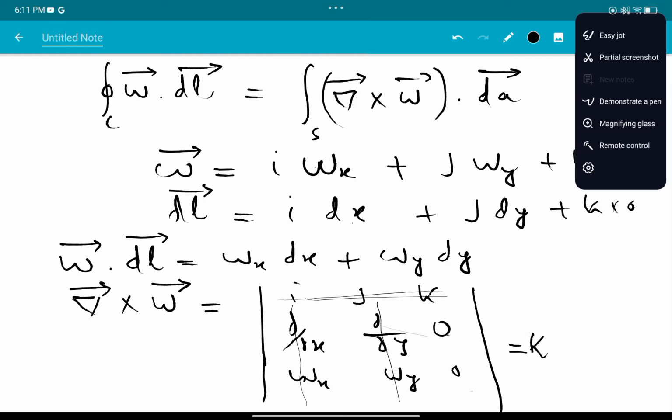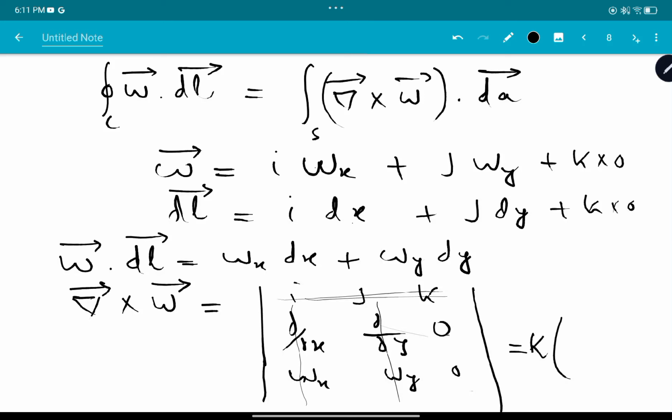In this case, it is k into only the z component. I have del Wy by del x, y divided by x, the same old component that we used in understanding this, minus del Wx by del y.